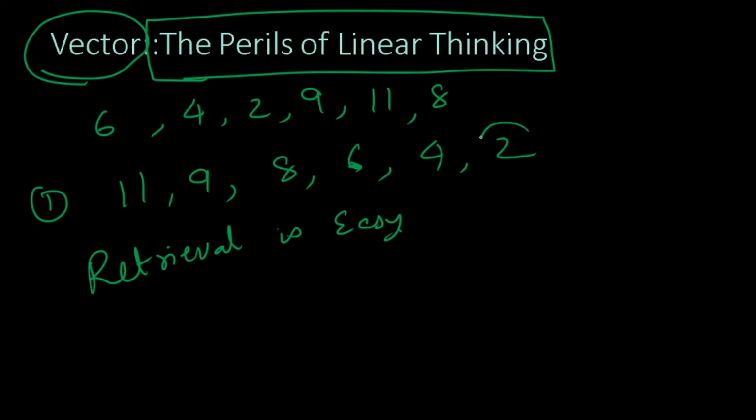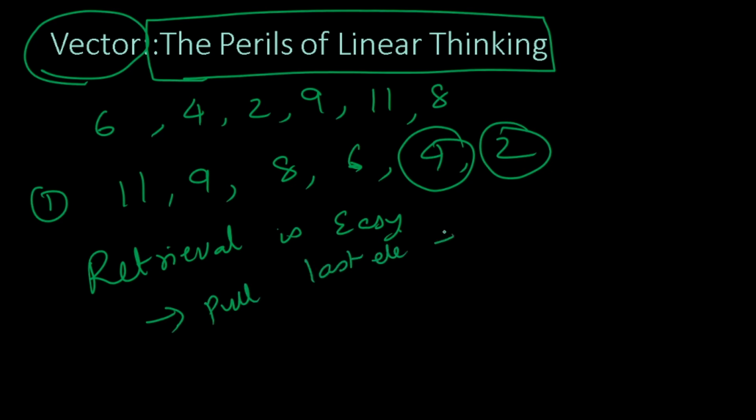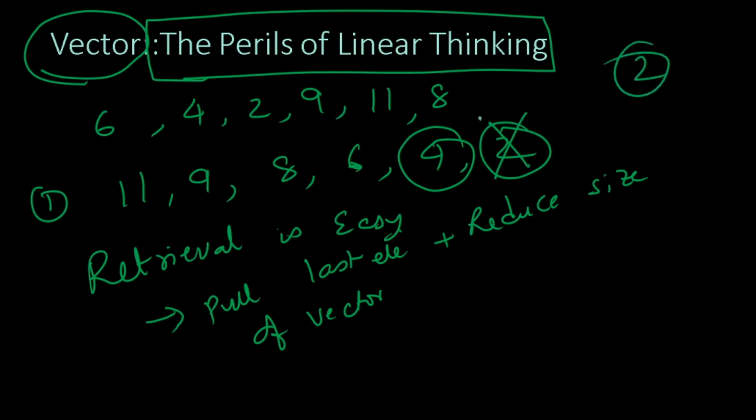Why? We just have to pull the last element out and reduce the size of the vector. It will just take one operation. So first time you pull, you'd get 2 out and you destroy the last element. Next time you pull 4 out and you destroy the last element. So retrieval is easy. It can be done in order of 1.